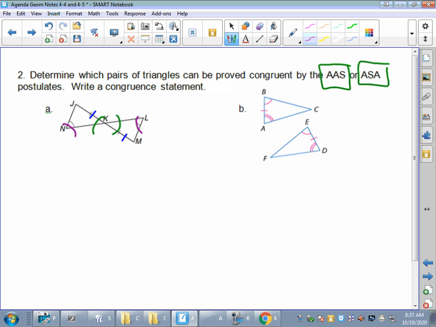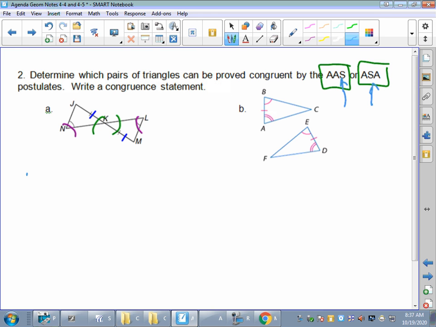So I've got two pairs of angles and one pair of sides. Is this going to be angle, angle, side, or angle, side, angle? If I go around the triangles, if I trace around them, or if I look at where that side is, the side with the single dash in between the two angles? If it's in between, it has to be in between in the answer. If it's off on one side or the other, it has to be off on one side in angle, angle, side.